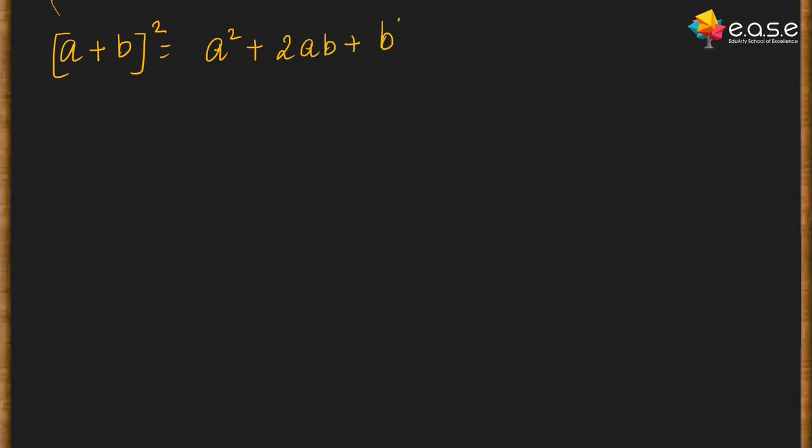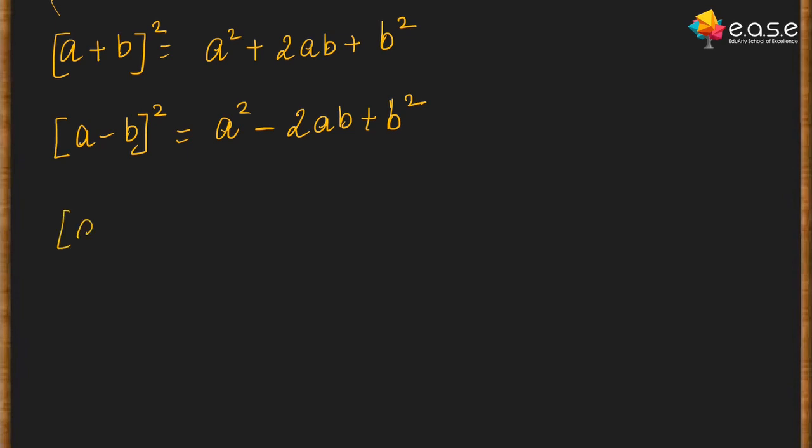The next identity is a minus b the whole square, which is equal to a square minus 2ab plus b square. And the third identity which we learned was a square minus b square, which is equal to a plus b into a minus b.